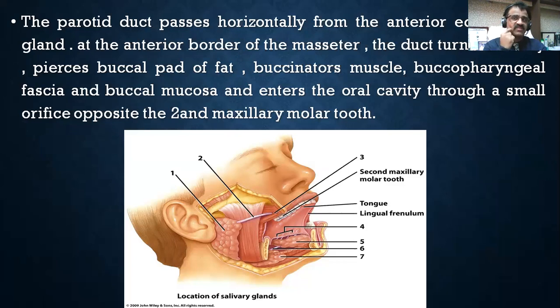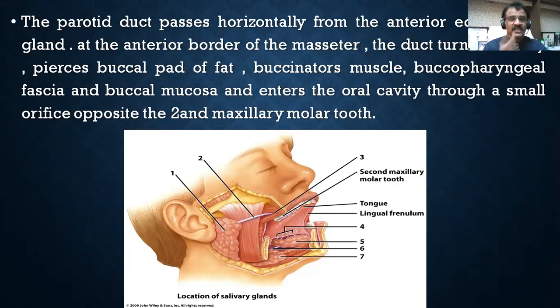The buccinator muscle is also pierced, and then the buccal fascia and buccal mucosa, and it enters the oral cavity through an orifice and ends opposite the second upper molar tooth, or second maxillary molar tooth. Maxillary means upper, mandibular means lower.